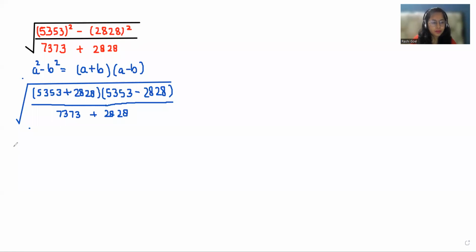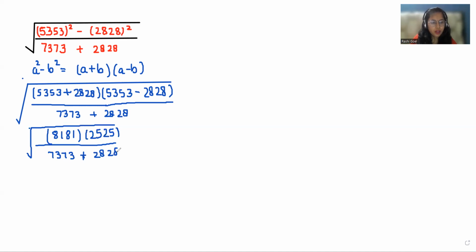Now if we add 5353 with 2828, we get 8181, and when we subtract, we get 2525, with the square root of 7373 plus 2828.